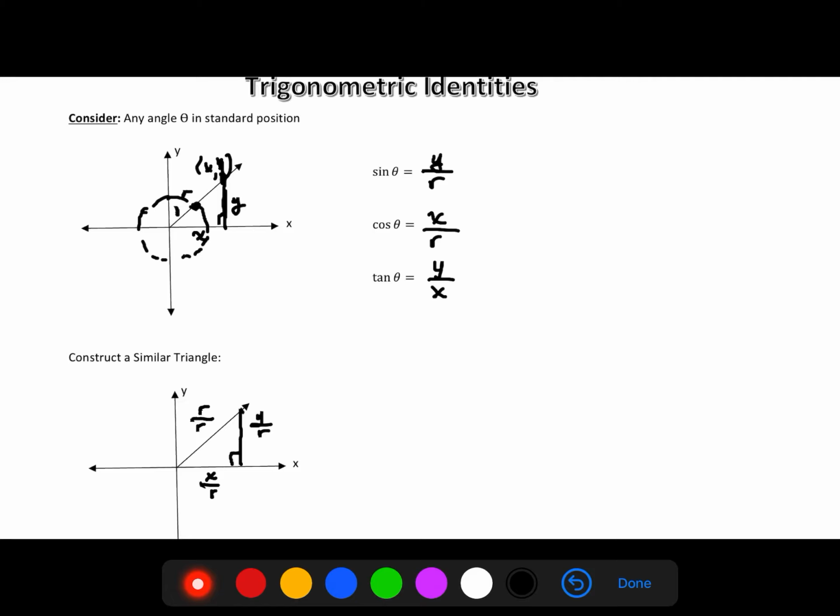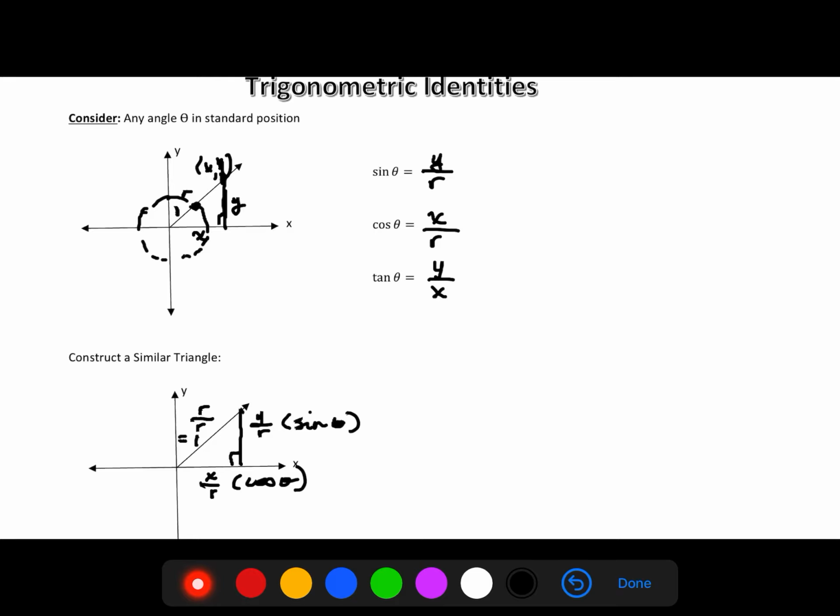And that means we're going to have a circle with a radius of 1, just to simplify what we have. Well, if we divide the radius by r, we're also going to have to divide y by r and x by r as well, just like in similar triangles, dividing all of our sides by the same value.